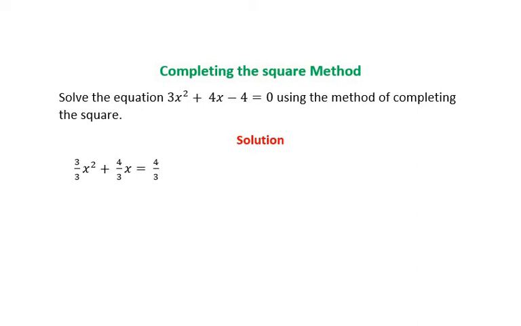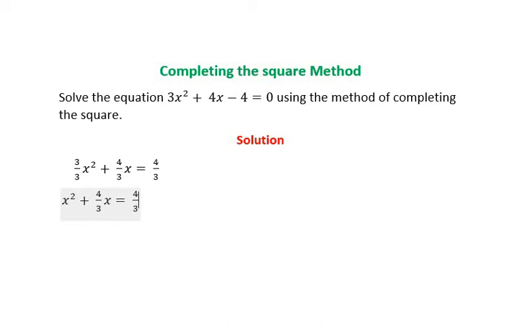So from there, now this gives us, by using the rule of perfect square, we divide the value of b by 2, and then we add the value which we get, which will be 4 over 6.